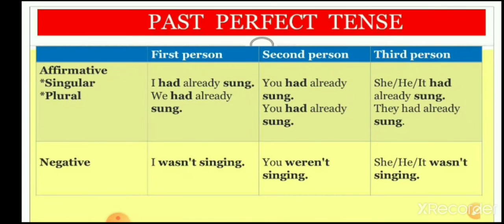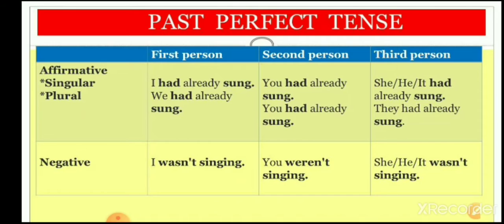Next, let us know the structure of past perfect tense. So, in case of affirmative sentence, for first person singular, the format is subject plus had plus past participle form of verb. As we all know, there are three forms of verb, that is V1, V2 and V3. V1 is the base form of verb, V2 is the past form of verb and V3 is the past participle form of verb.